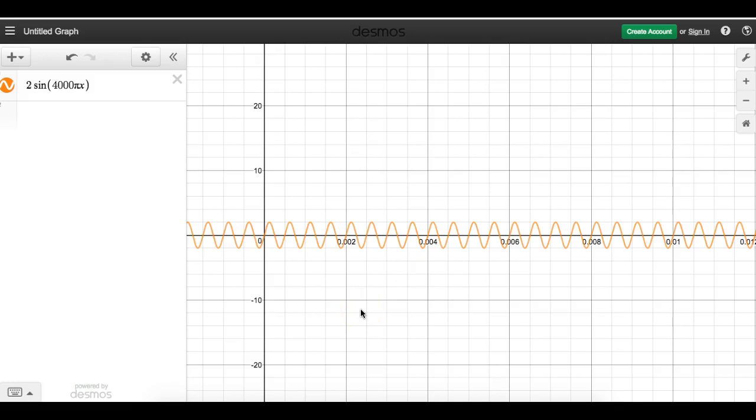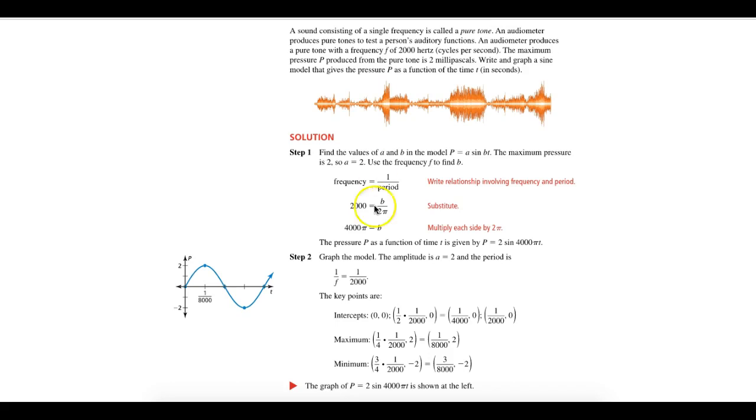This is common for sine waves or any waves in real life because there are so many of them happening. A frequency of 2,000 is very common. When you talk, there are thousands of waves going up and down per second from your sound wave.